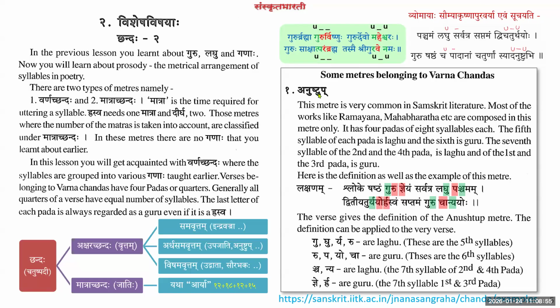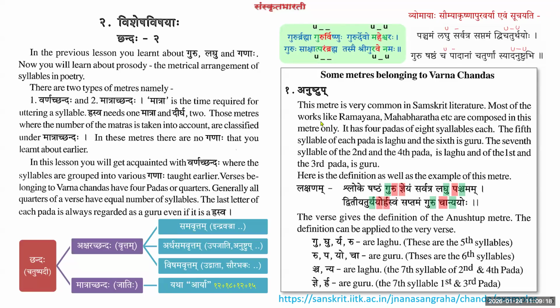Okay. Anushtub. This meter is very common in Sanskrit literature. Most of the works like Ramayana, Mahabharata, etc., are composed in this meter largely. I mean, there are variations, but largely. Only they have said it has four, because in the Mahabharata, if you go to the Bhagavad Gita itself, it is not entirely Anushtub.